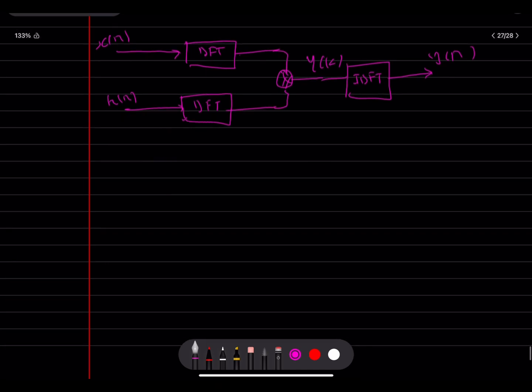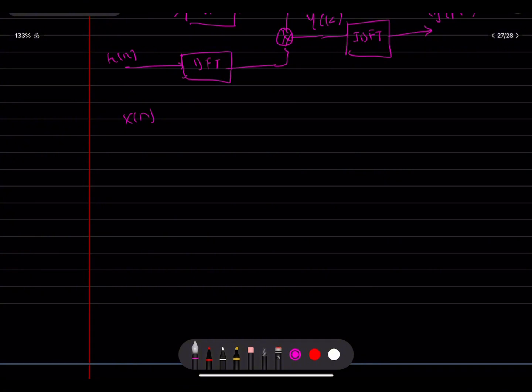So now taking x of n, we need to find the DFT of it, and the simplest way to find the DFT is the twiddle factor method, which is x of 0, x of 1, x of 2, and then x of 3. Going into the twiddle factor matrix, as I said, write it without even thinking about it.